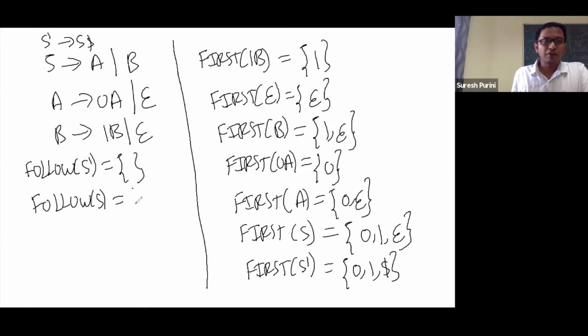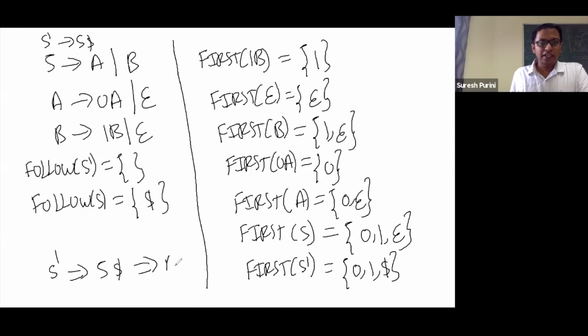Follow of S contains dollar. The reason is we have a one-step derivation from S prime to S dollar, and dollar is immediately trailing S. From this, we can also say that dollar is present in the follow set of A, because we can apply the substitution rule S goes to A. So follow of A is equal to dollar.